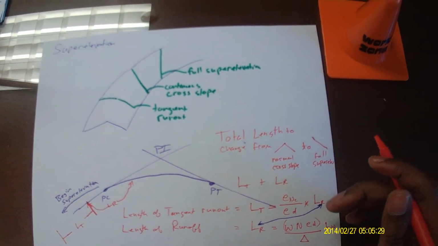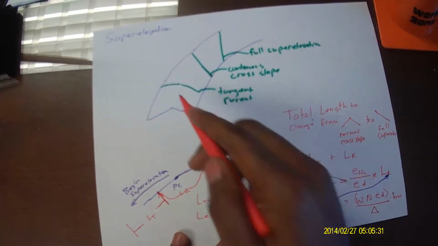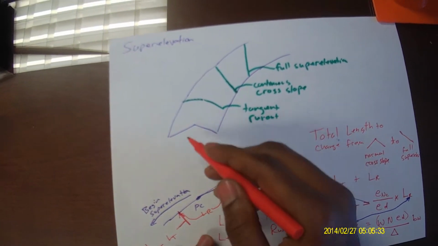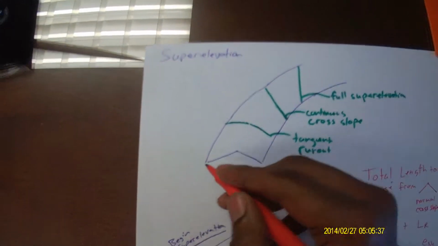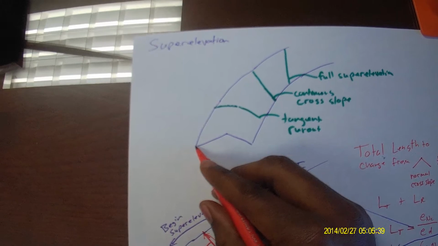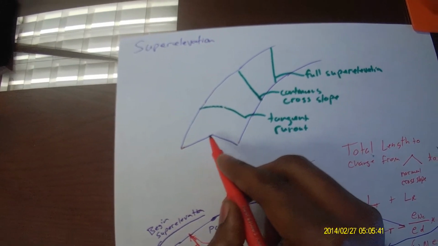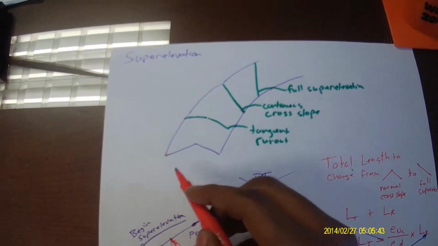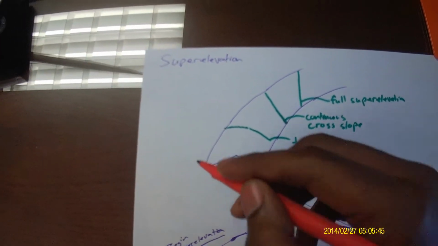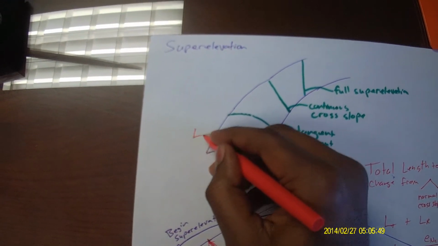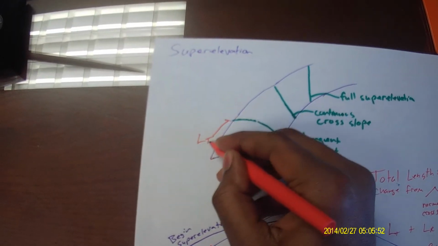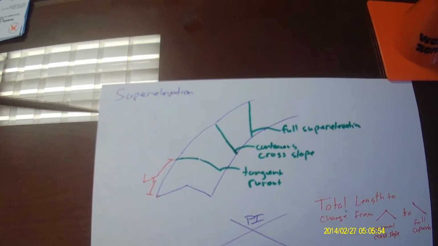Okay, what does that look like in 3D? Well, if you can imagine, this is my 3D drawing here. L sub t basically is the distance required to change your cross slope from a normal cross slope, normal crown, to a length of tangent runout. So your L sub t is the distance from here to about here.